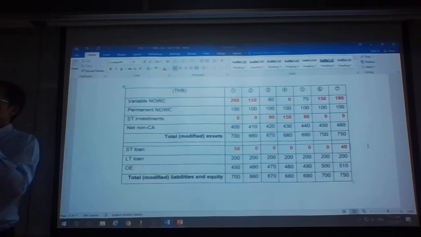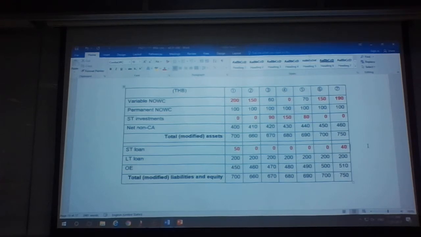So to repeat, a firm that follows a conservative financing policy will do the following. 1. Use short-term funds to finance partly its variable net operating working capital.